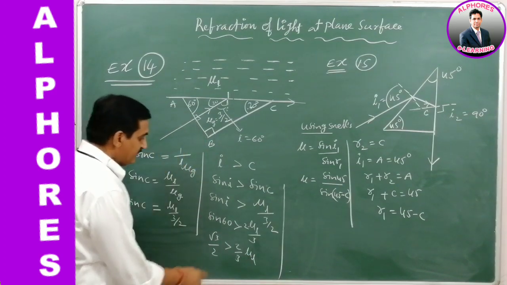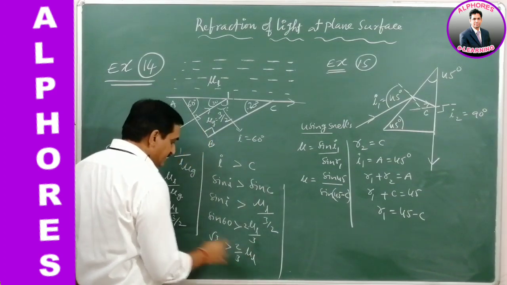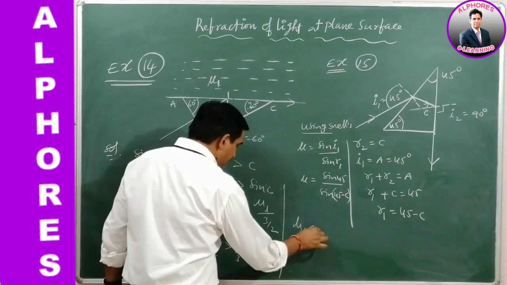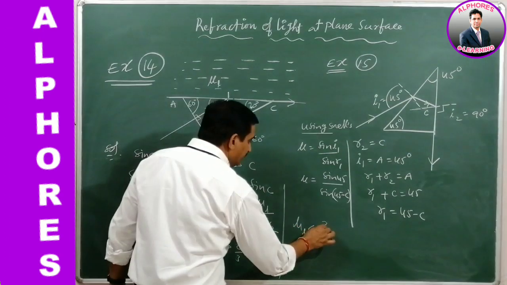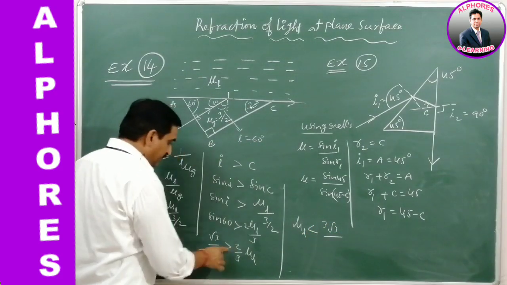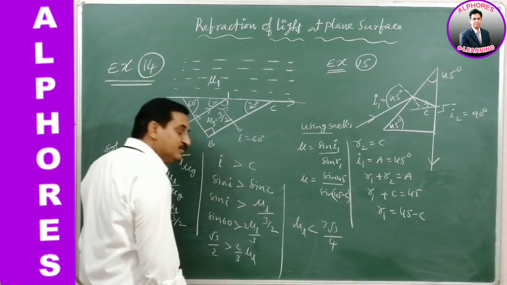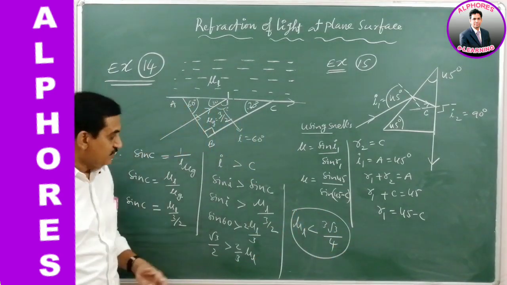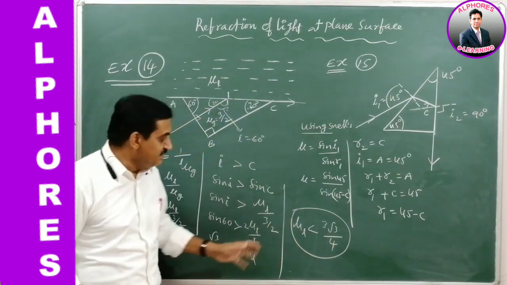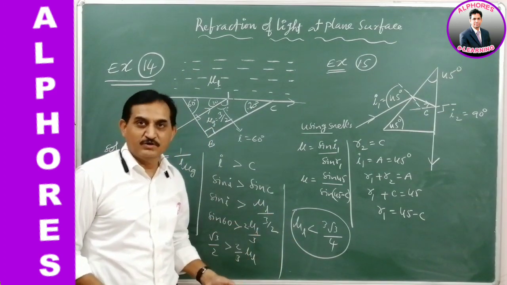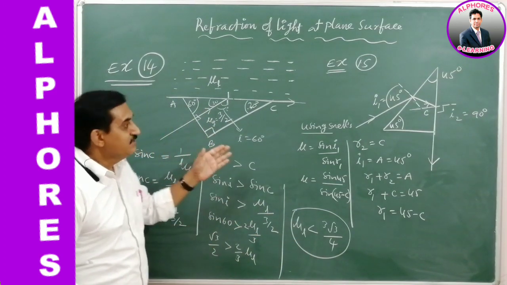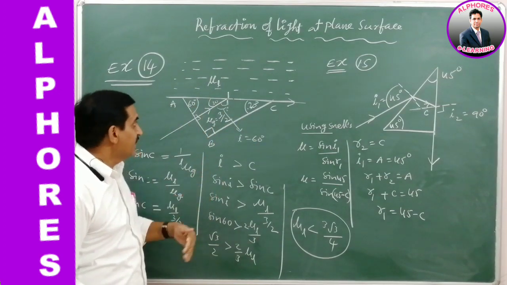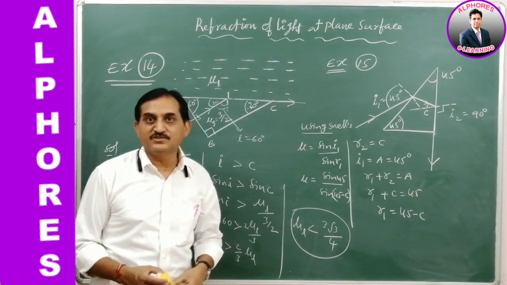Therefore, taking this side, the refractive index of the liquid, mu liquid, is less than 3 root 3 by 4. So this is the value or limit of the refractive index of the liquid, which should be less than 3 root 3 by 4, under which the light will not enter into the liquid, that undergoes TIR or grazing the surface separating two media.